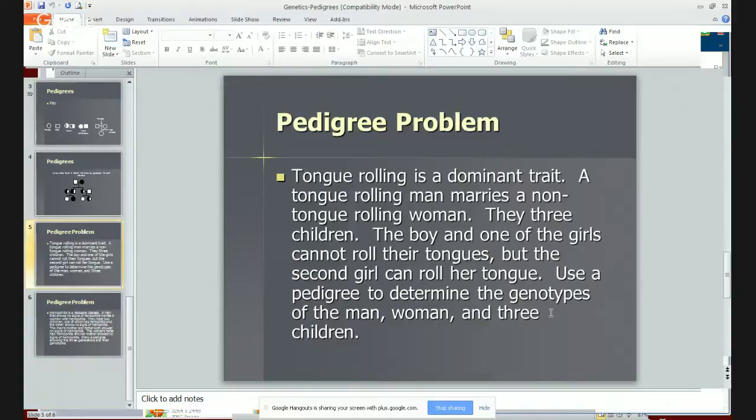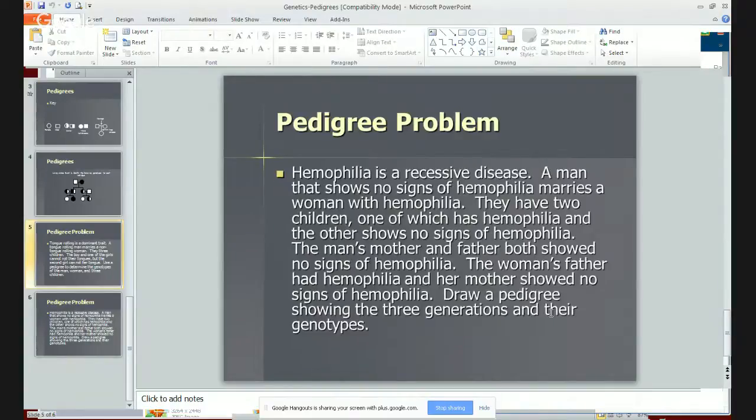All right, with this next one, hemophilia, I want you to try it first. It's going to be a little more complex, so push pause, try it, and then come back and I'll walk you through it, and we'll see what you come up with. The other thing is, sometimes, based on what I've given you, you may not know the second allele.